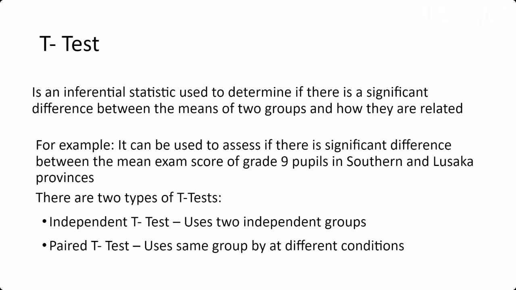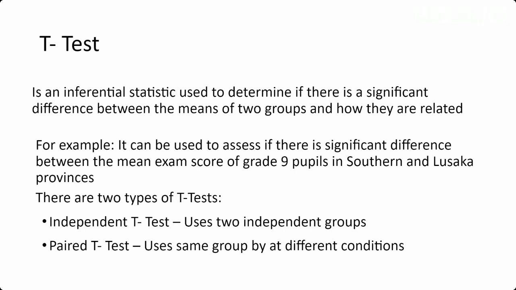So in our case, we have mentioned Lusaka, comparing the mean score of exams in Lusaka and Southern Province. Those are two separate groups. They're independent. Lusaka is independent from Southern Province. So once we are measuring those two different independent groups, then we are using the independent t-test.